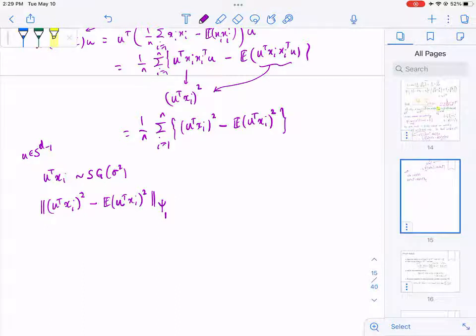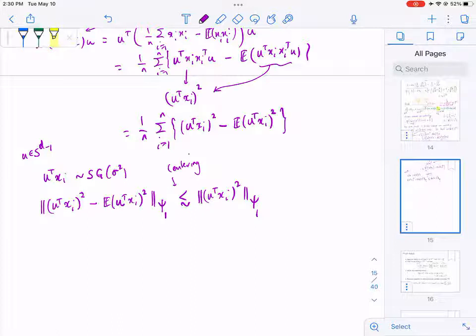Before doing that, what is the next inequality? Up to constant, is this true? That's what you were saying. Why? The centering number, yes, great. We didn't talk about this for sub-exponential random variables, but it's true. It's basically a triangle inequality, as you point out.